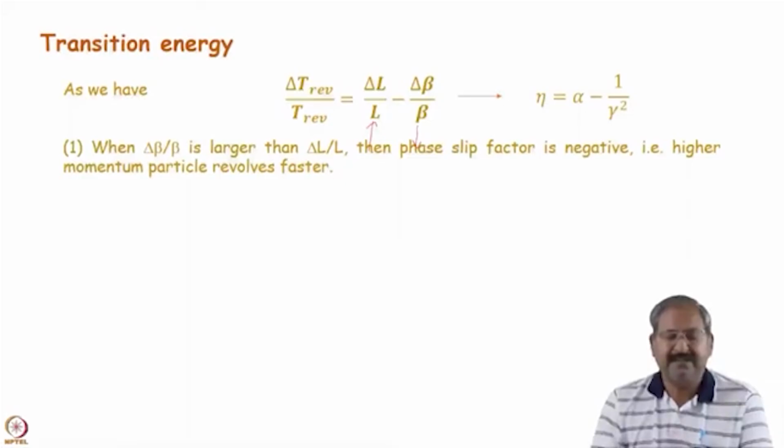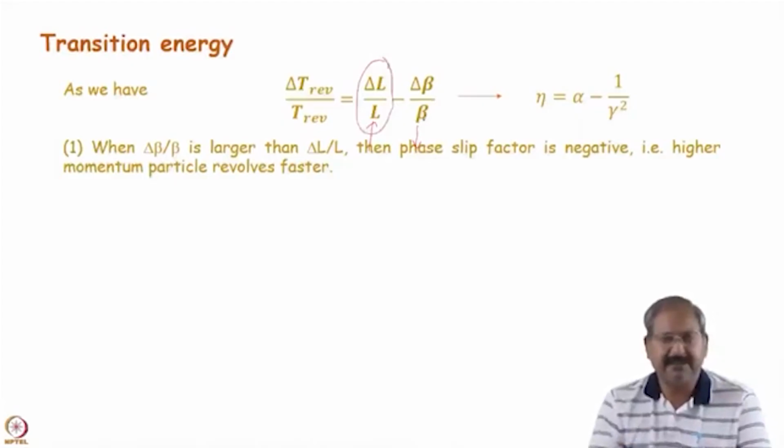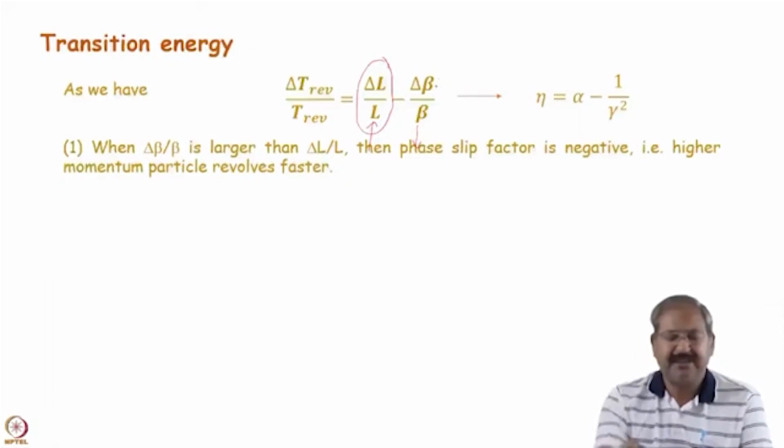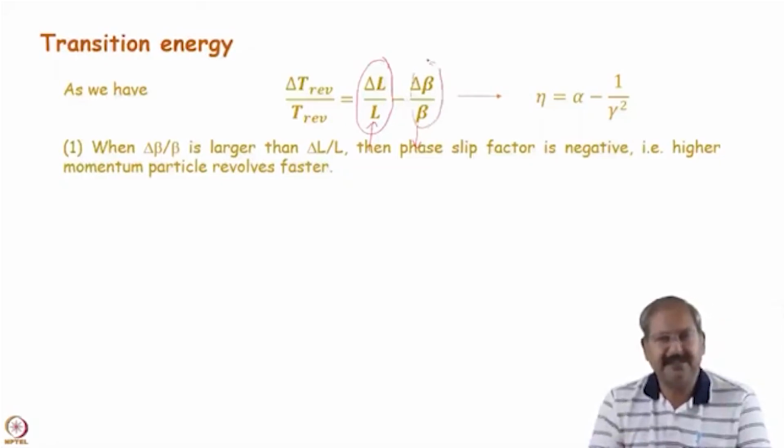Now you can see here, if the delta L by L factor is larger than the delta beta by beta, then the frequency slip factor will be positive. Means delta beta is very small; we are changing the energy but beta is not changing.